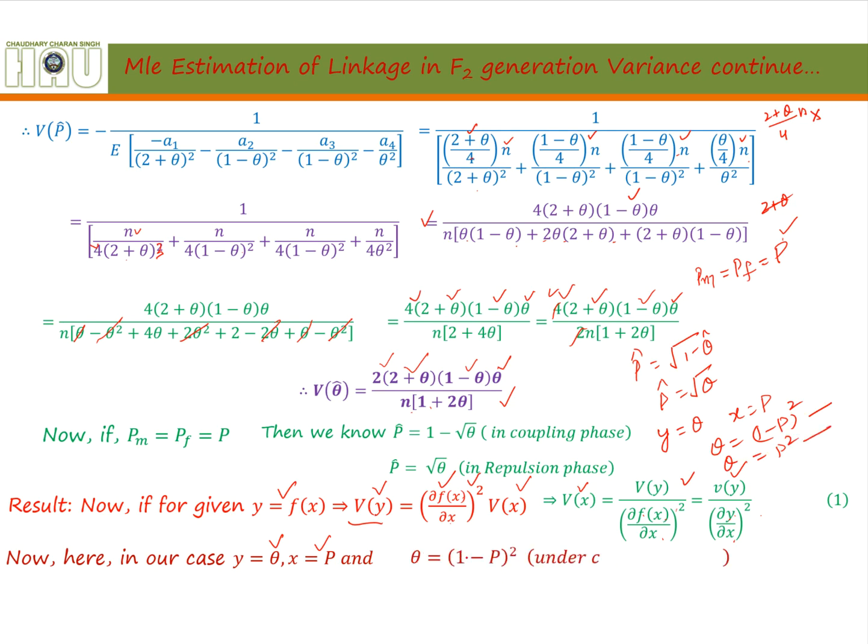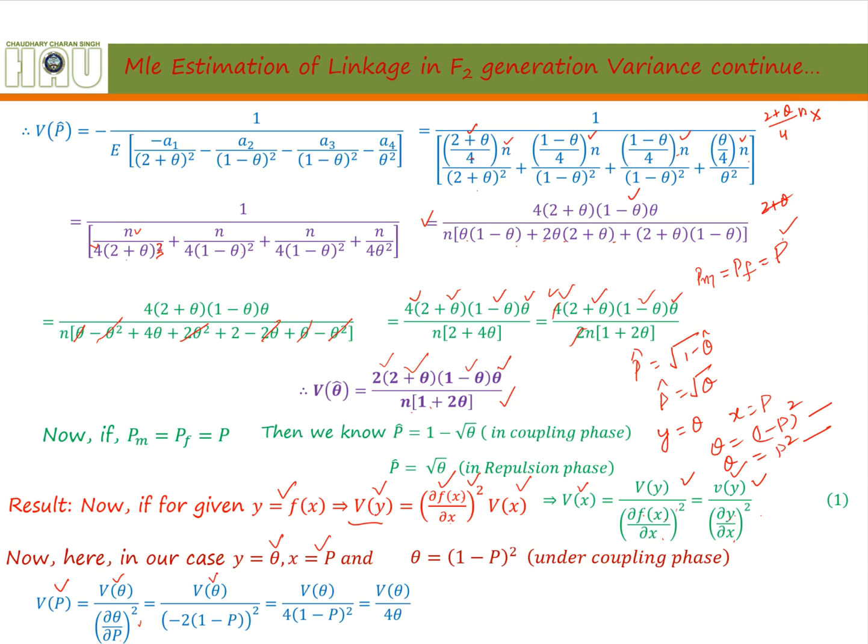So theta is (1 minus p) square under coupling phase. So your variance of p can be obtained by using this relation. Y is theta, so variance of theta upon (∂theta/∂p) whole square.